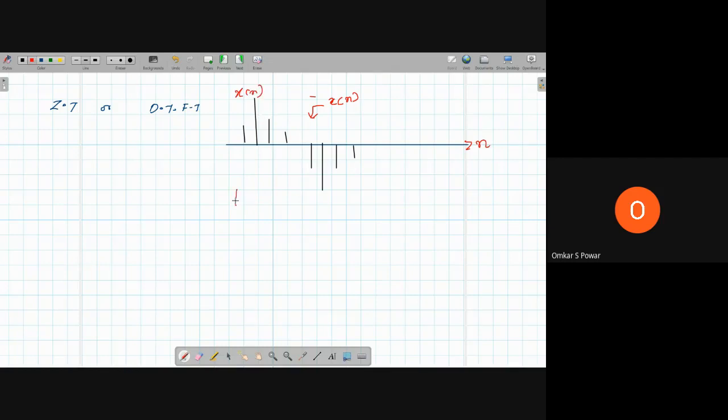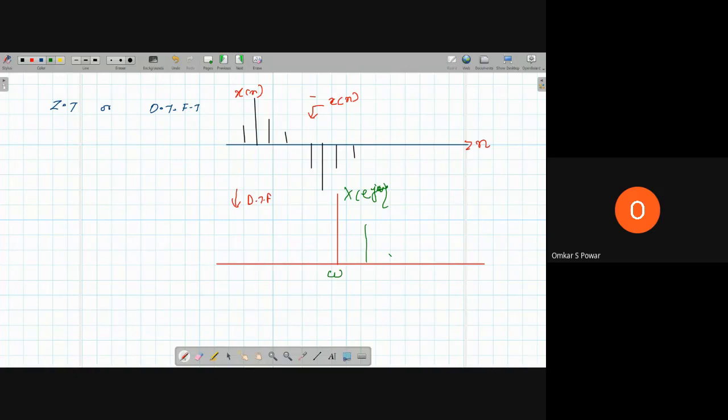If I take the discrete time Fourier transform, how does this actually look like? We have our x-axis and y-axis here, and here it is the magnitude of x of e power j omega, and for different values of omega we get the frequency.